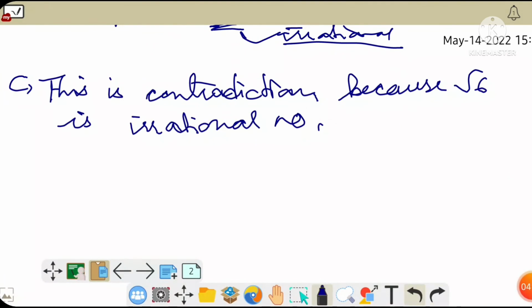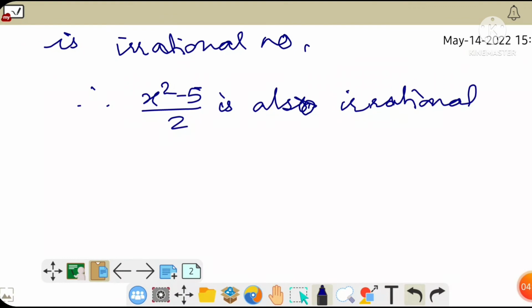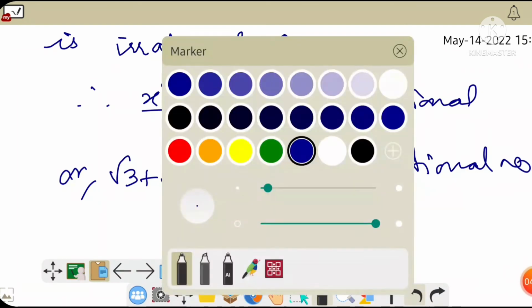So from here we got that if root 6 is irrational, therefore x square minus 5 upon 2 is also irrational. So we got the answer that root 3 plus root 2 is also irrational. So that's how you prove your answer, by the method of contradiction.